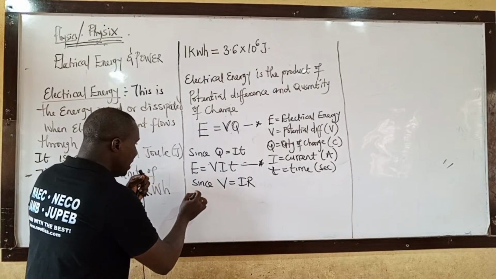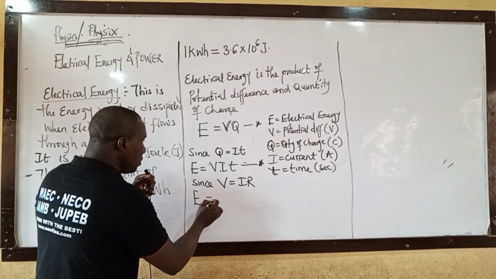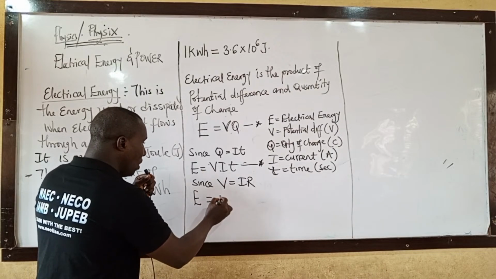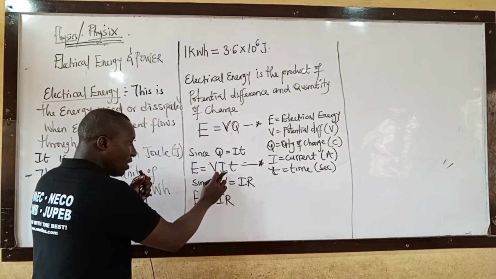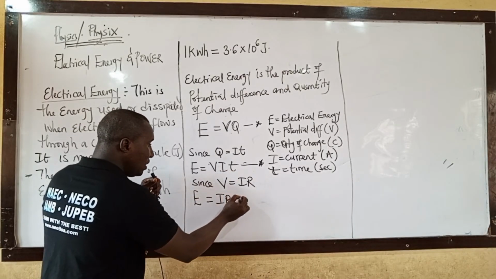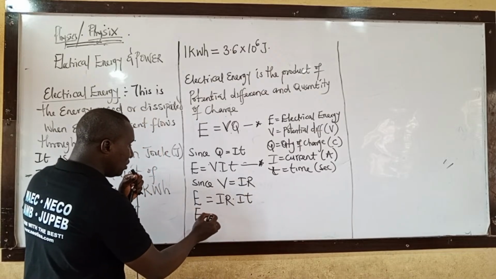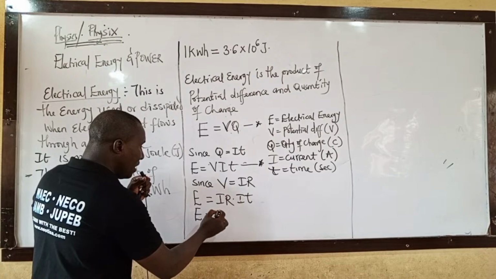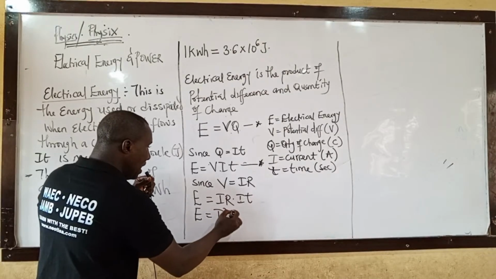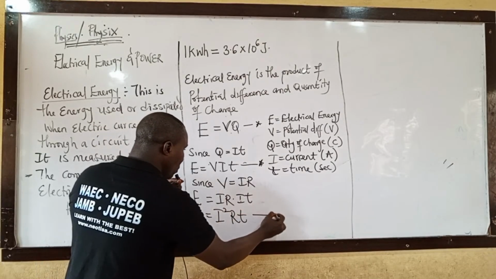And we have electrical energy equal to what? This V we change to IR. Don't forget I have IT times IT. Then from here we have electrical energy equal to I squared RT.